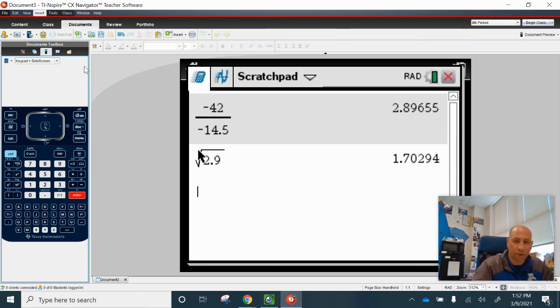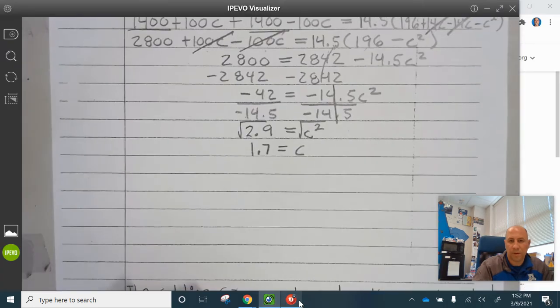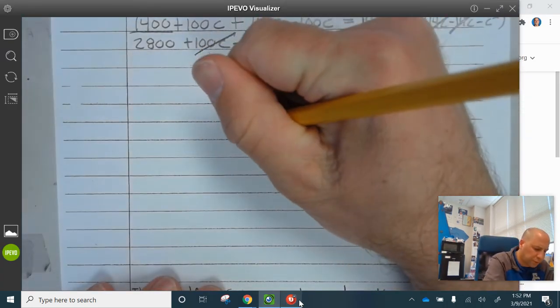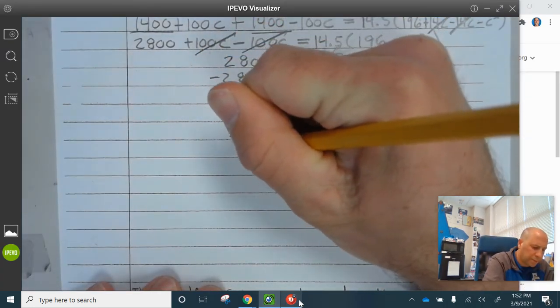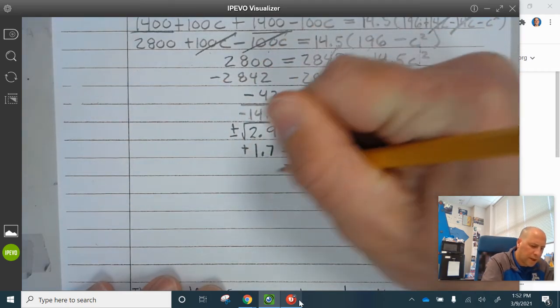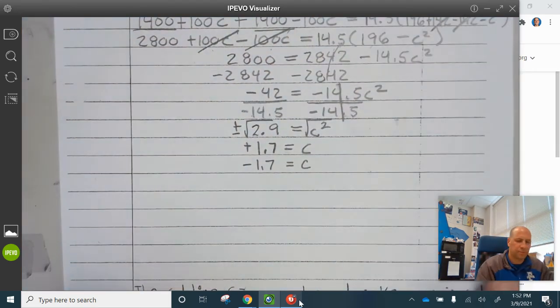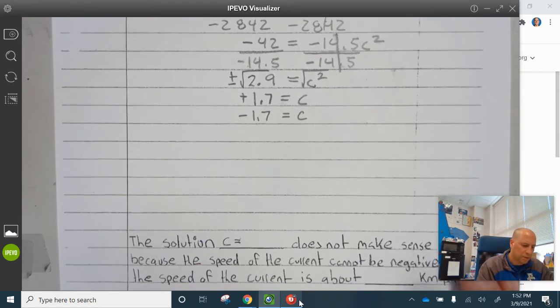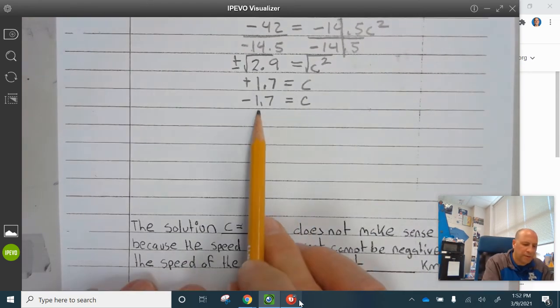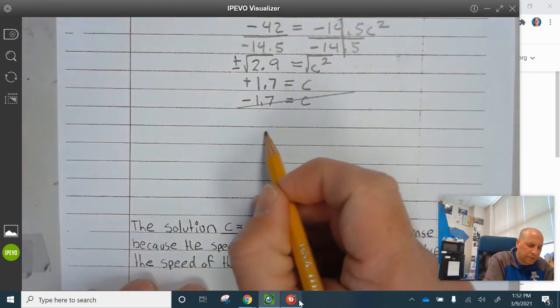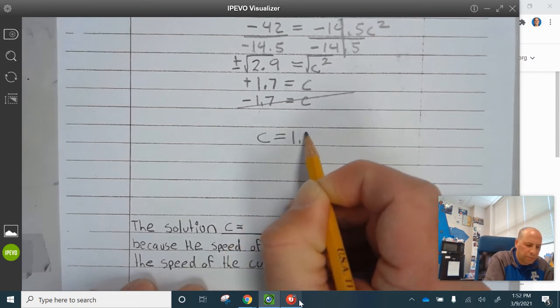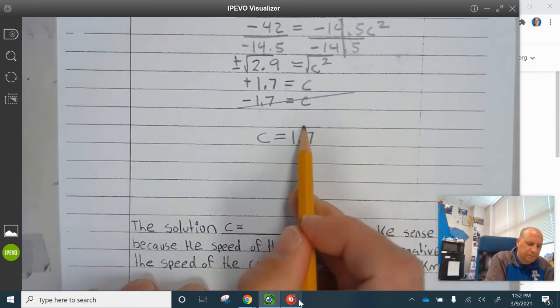Almost forgot, technically, when you take the square root, it's plus or minus. So technically, you get plus 1.7 and negative 1.7. But we know that we can't have negative current, so it's going to have to be the positive, c equals 1.7.